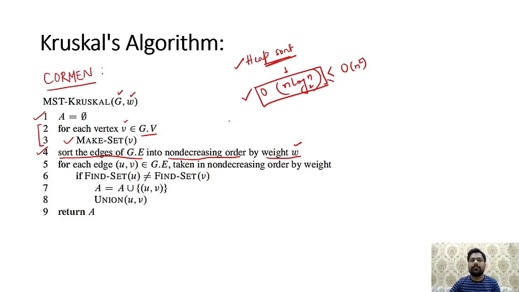So whenever we write sort, you should indirectly think of n log n. Here n represents vertices, but since we are focusing on edges, the time complexity could be E log E.